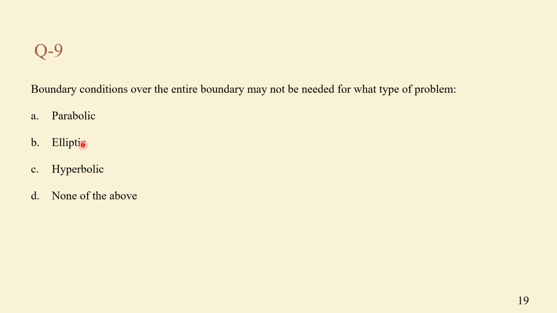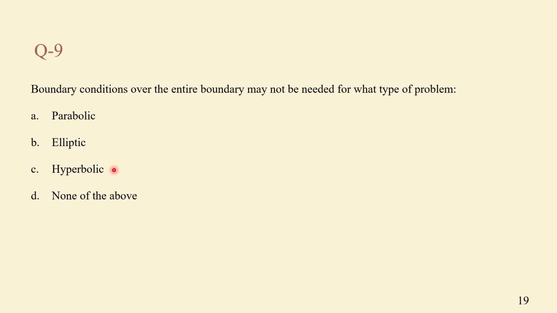The classification of PDEs is based on mathematical properties. Each class would require a certain type of boundary conditions for that specific problem. So boundary conditions over the entire boundary may not be needed for what type of problem?